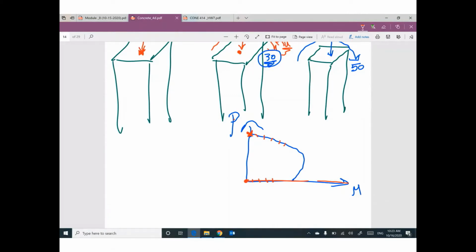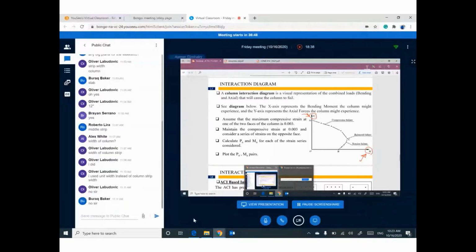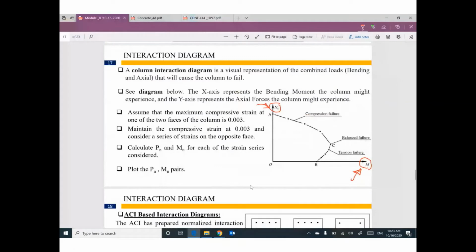So we have something called the interaction diagram, which is a relationship between the applied moment and the applied axial force. Interaction effect between M and N. Okay, this part is very simple, very easy, just steps we need to follow. But the first important part, I need each one of you to understand the meaning of the interaction diagram.